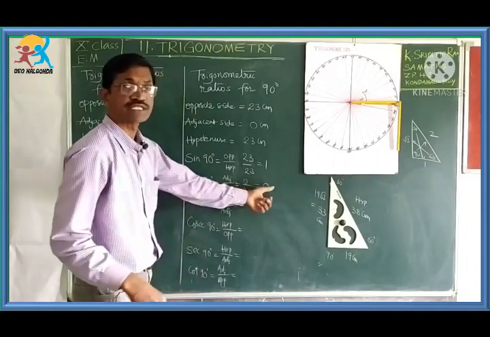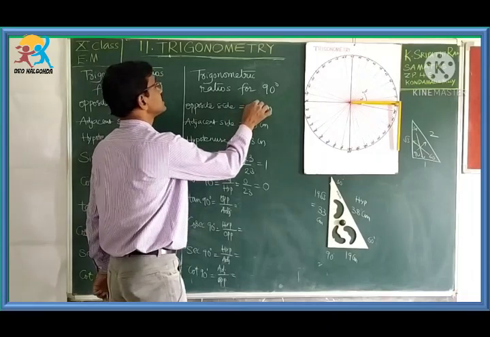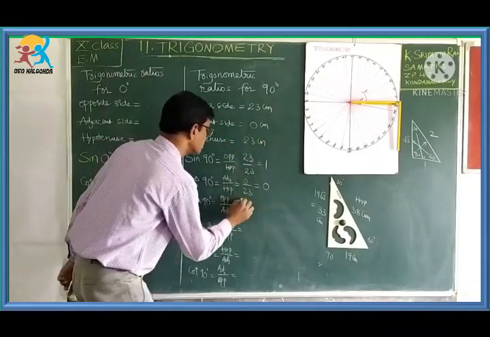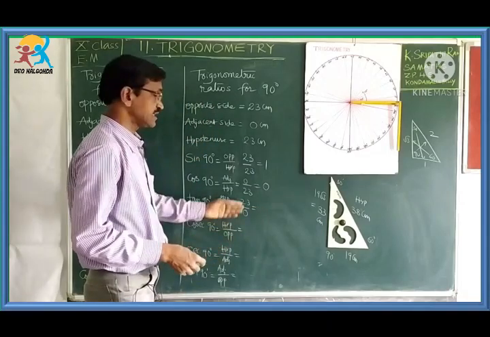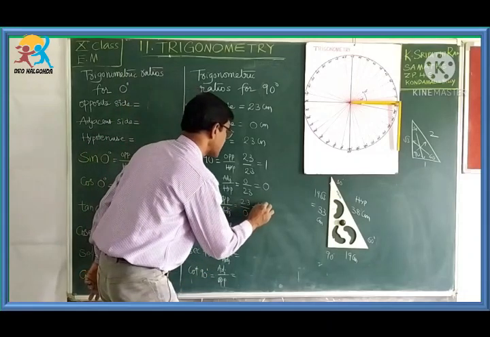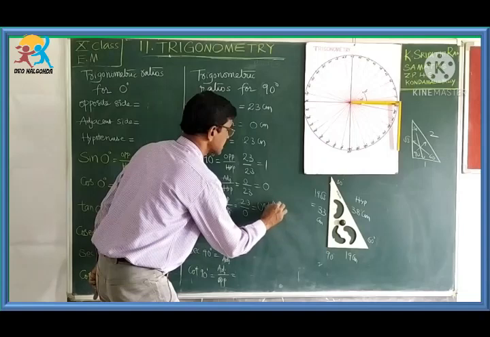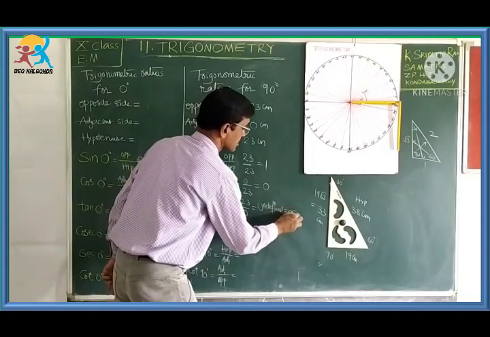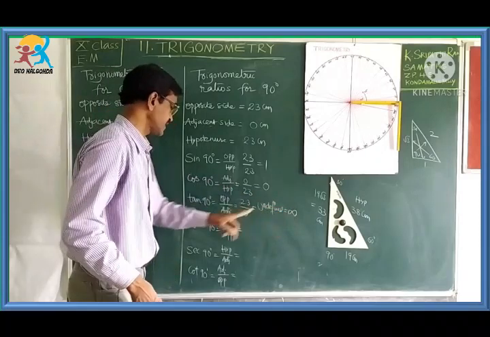So cos 90 is 0. Tan 90 is the opposite side by adjacent side, 23 by 0. We cannot define the value because it is division by 0, so it is undefined. This can be represented by the infinity symbol. So tan 90 is undefined, infinite.